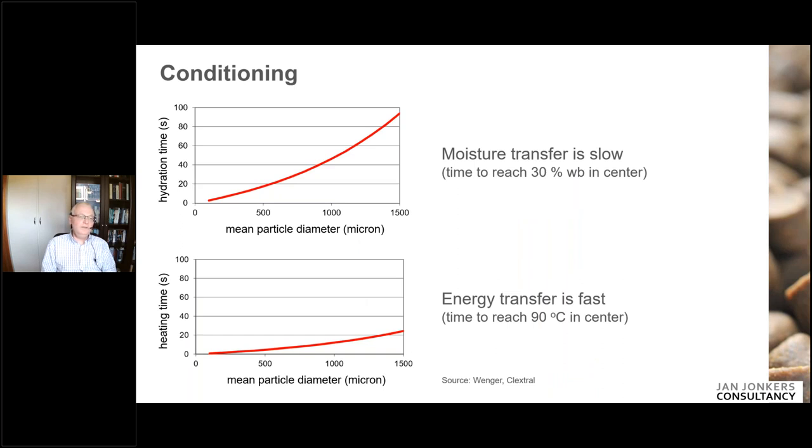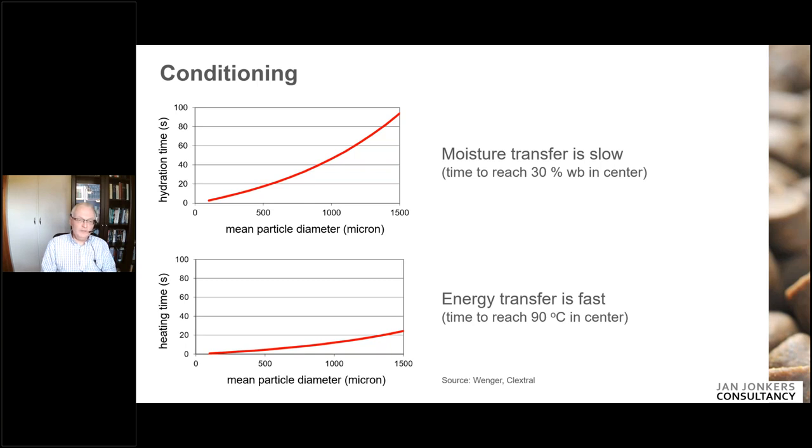Then before your pelletizer or your conditioner or your extruder, you often have a conditioning step. There are two things to take into account when you think about conditioning. Here at the top of the slide, the first thing is that moisture transfer is slow. And the second thing, at the bottom of the slide, is that energy transfer is much faster.